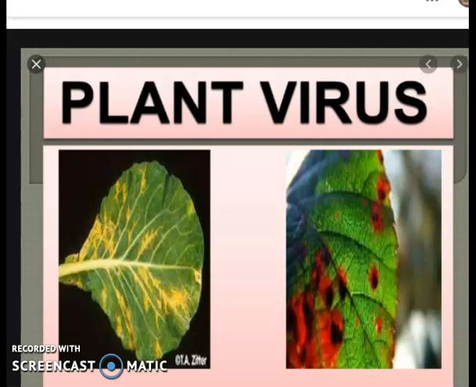Plant virus. Plant viruses are viruses that affect plants. Like all other viruses, plant viruses are obligate intracellular parasites that do not have the molecular machinery to replicate without a host. An example of a plant virus is tobacco mosaic virus.